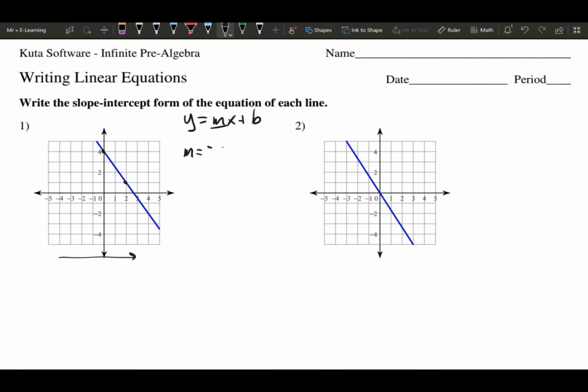So we automatically know that it's a negative slope, okay? And now we can just count our rise and our run. So to get from this point to this point, well, we need to jump 1, 2, 3. Okay, so our rise is 3, and our run from here to here is 1, 2. Alright, so it looks like our slope is negative 3/2.